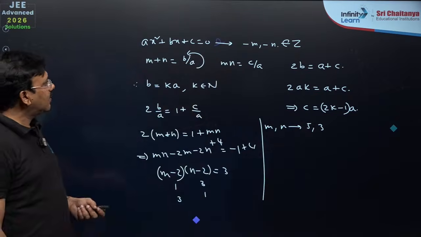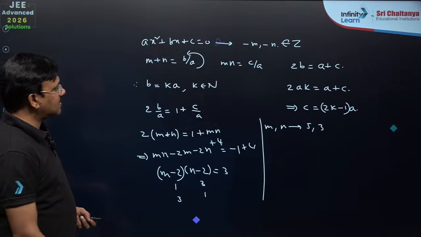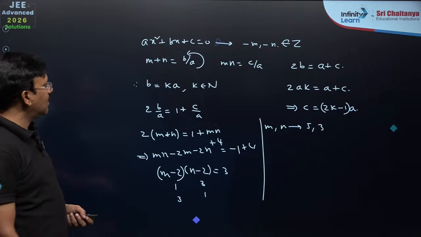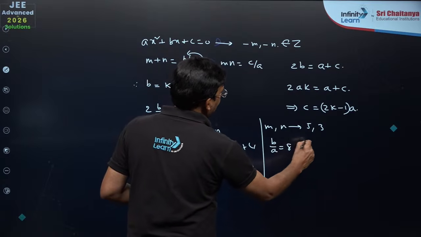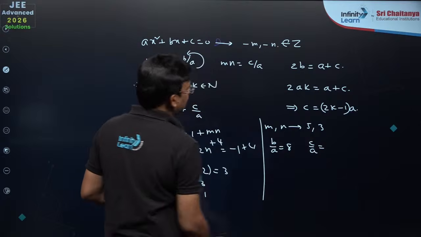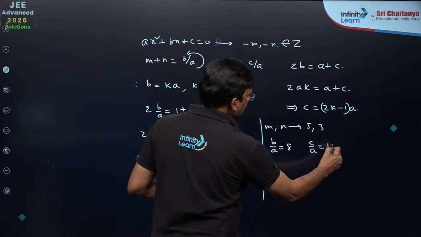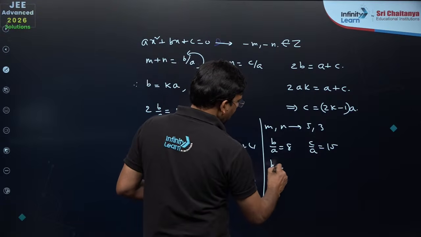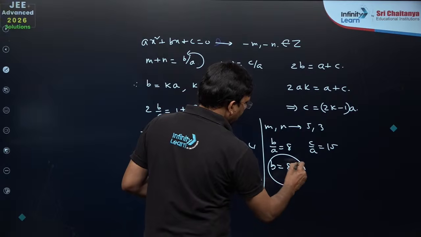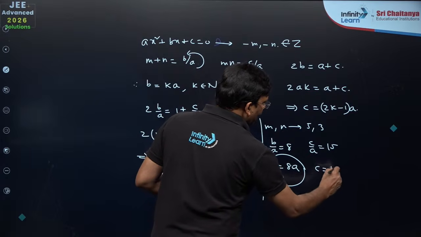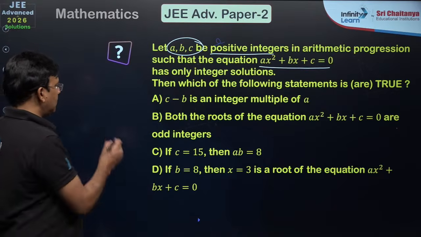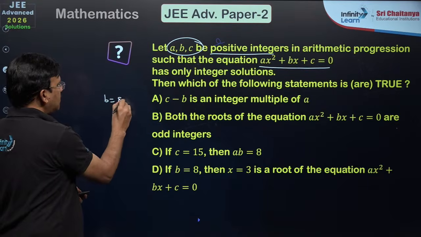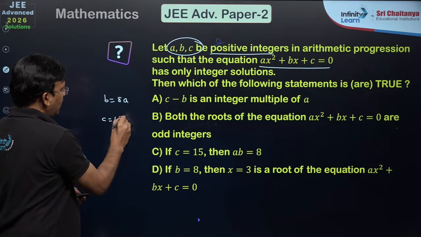In this case, if m, n are 5, 3, what can you say about b by a? b by a must be 8, c by a must be mn, 15. So b must be 8a and c must be 15a. You see, b is 8a, c must be 15a.